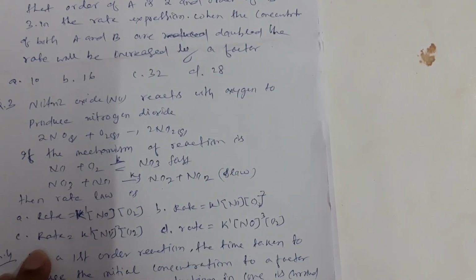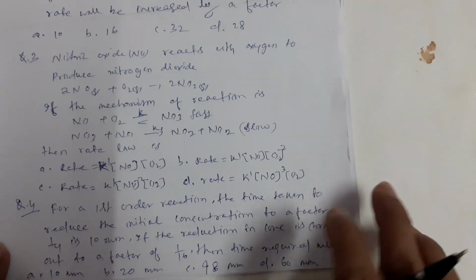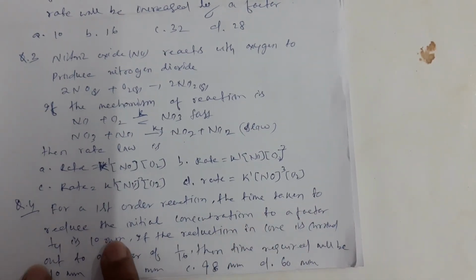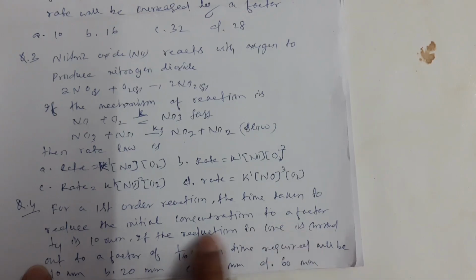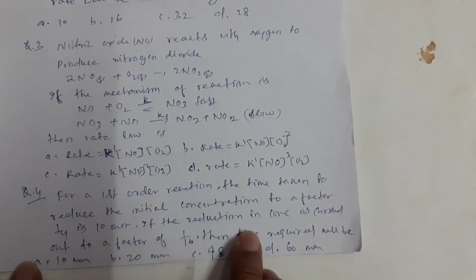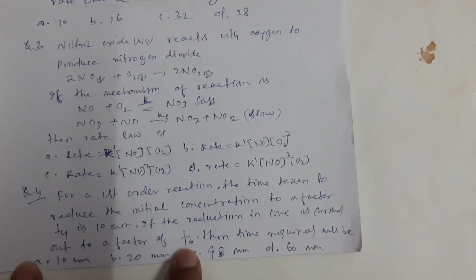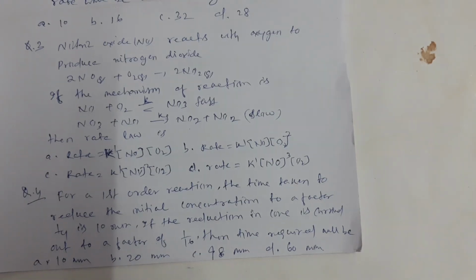Next, for a first order reaction, question number 4. For a first order reaction, the time taken to reduce the initial concentration to a factor of 1/4 is 10 minutes. If the reduction in concentration is carried out to a factor of 1/16, then the time required will be what?